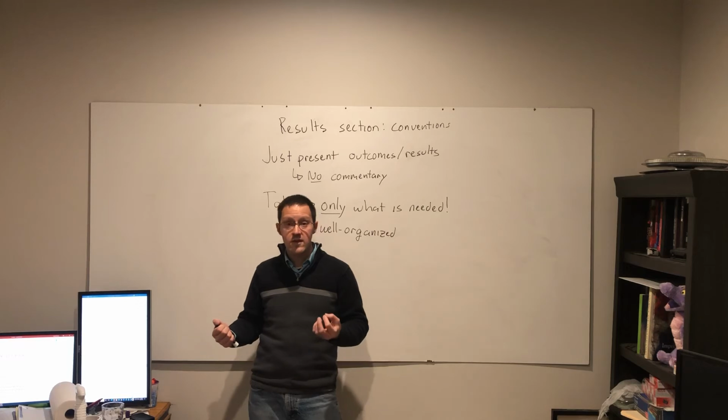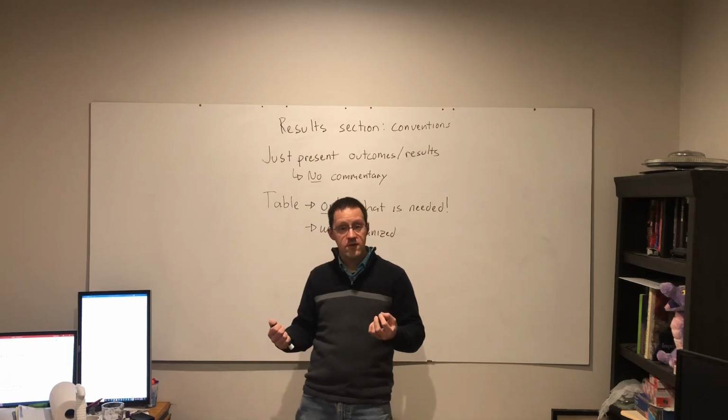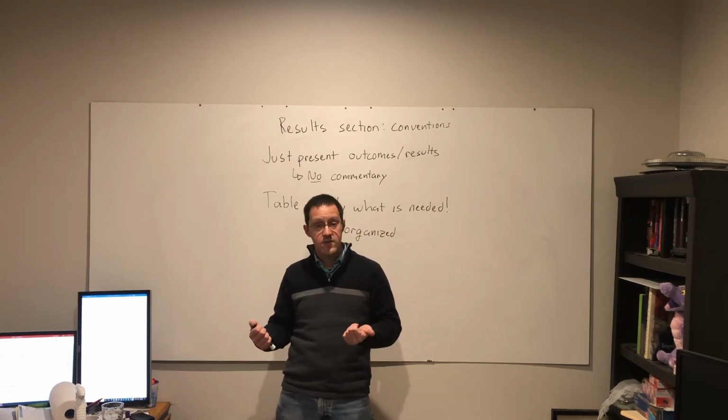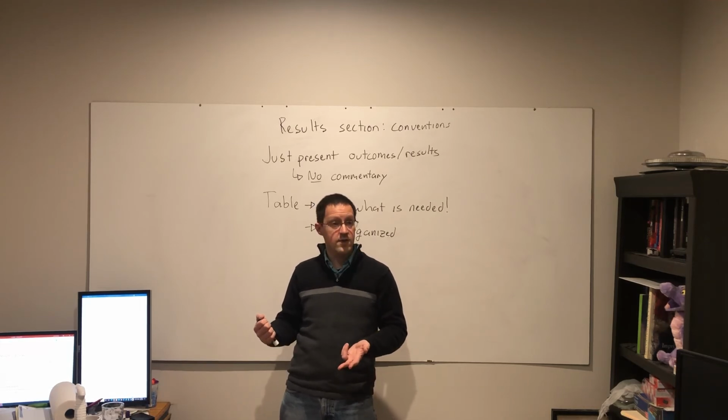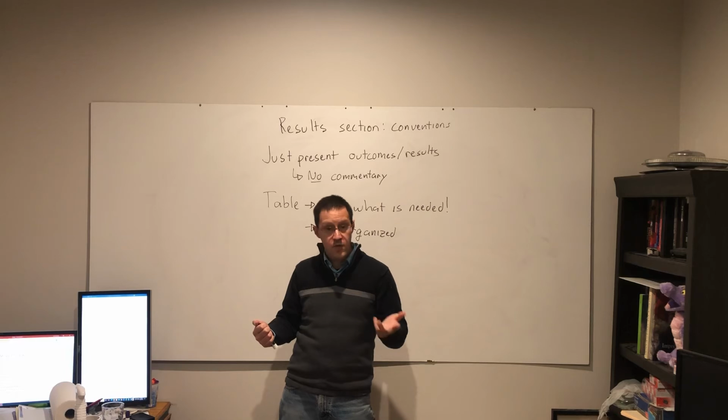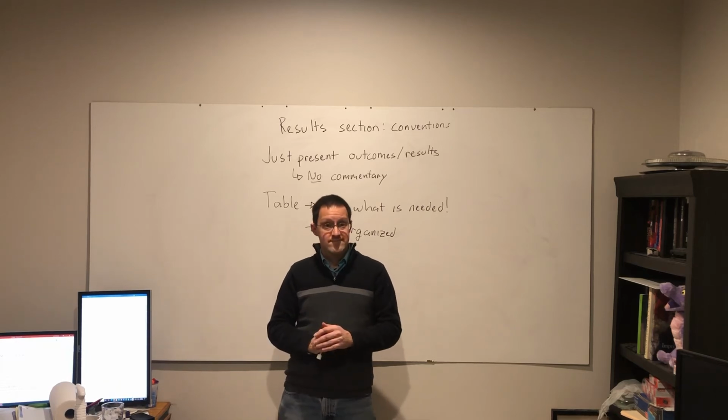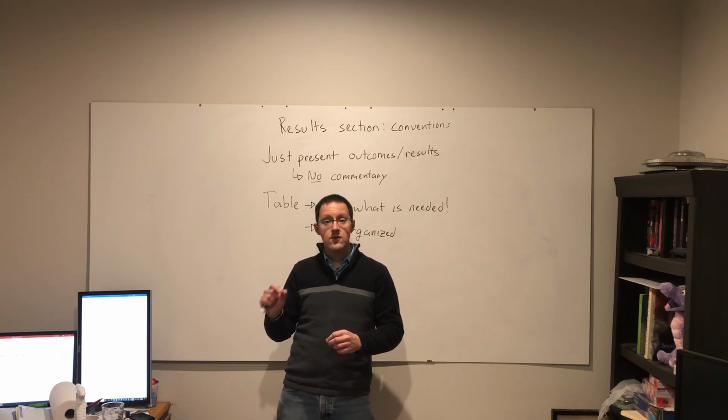Just presenting the pieces of information, as I said, the means, the standard deviations, the number within each group, the overall p-value. That may be all that is really needed in your output.